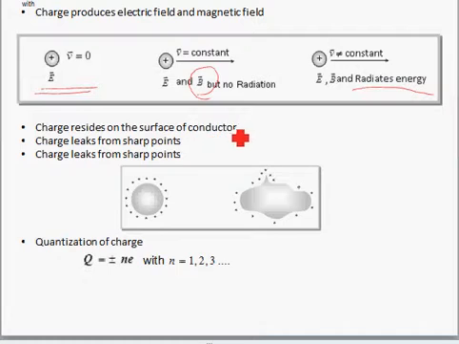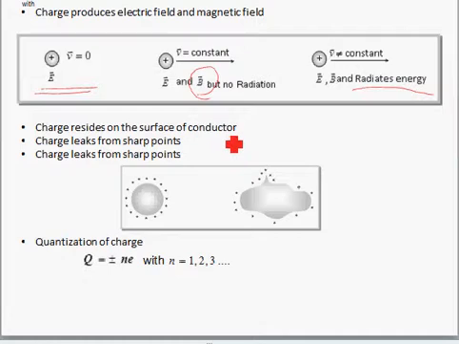Now some more properties. For a conductor of any kind which can conduct electricity very well, charges always reside on the surface of the conductor. For example, if you have a metallic ball, say a ball made up of copper, and you put some charge, q amount of charge, into the metallic copper ball, all the charges which you have given to the ball will reside only on the surface of the metallic ball.